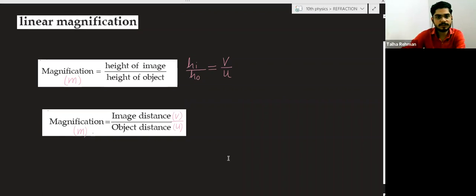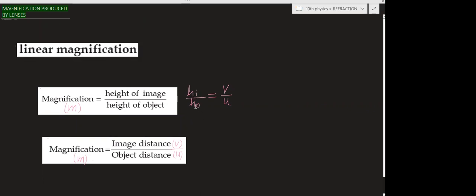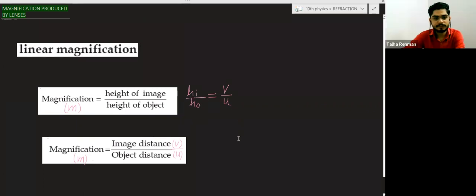Just copy this. The heading is the magnification produced by lenses, and we are only talking about the linear magnification. And HI, what is HI, Azaan? Height of image. And HO is the height of object. Just copy this, then we will solve the numerical.